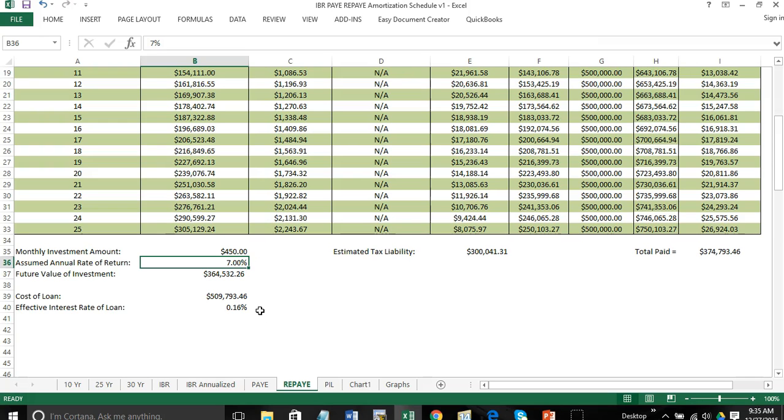Given I'm a tax consultant specializing in individuals with high student debt within the health professions, this is something you would want to consider, that you've got to manage this process properly.